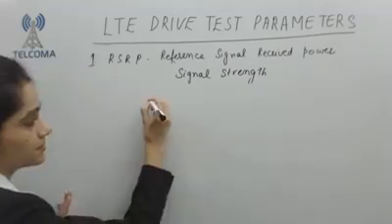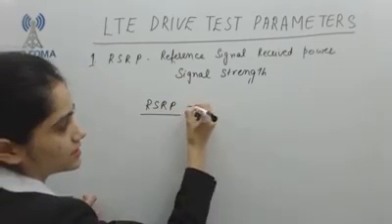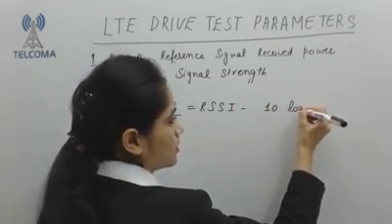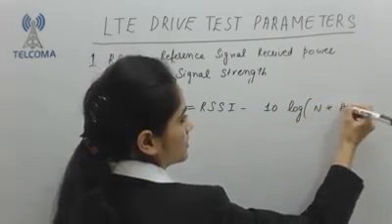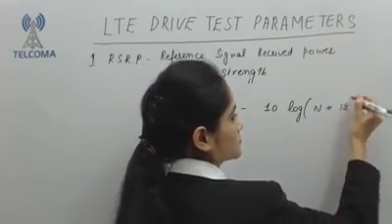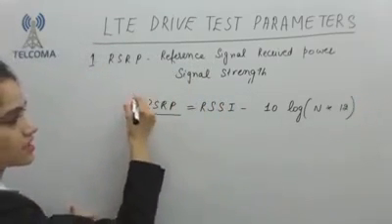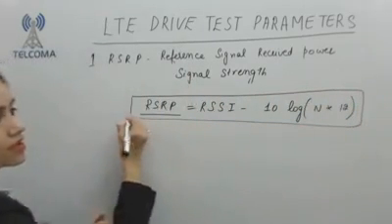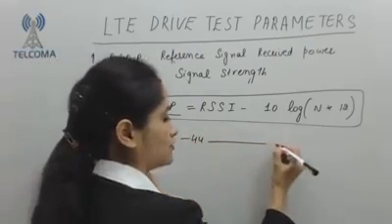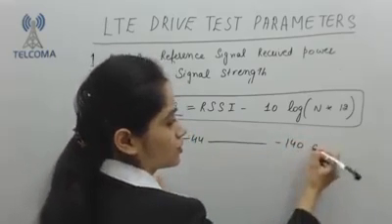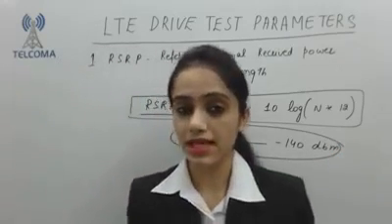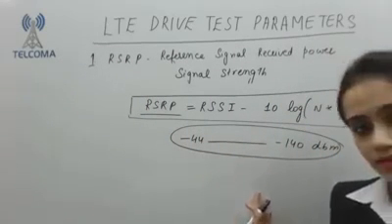Basically the formula to calculate RSRP is RSSI minus 10 log of N multiplied by 12. So this is the formula for RSRP calculations. After the calculation, we have a KPI that RSRP should be from minus 44 to minus 140 dBm, and if we are getting values less than this, I require to optimize the network.